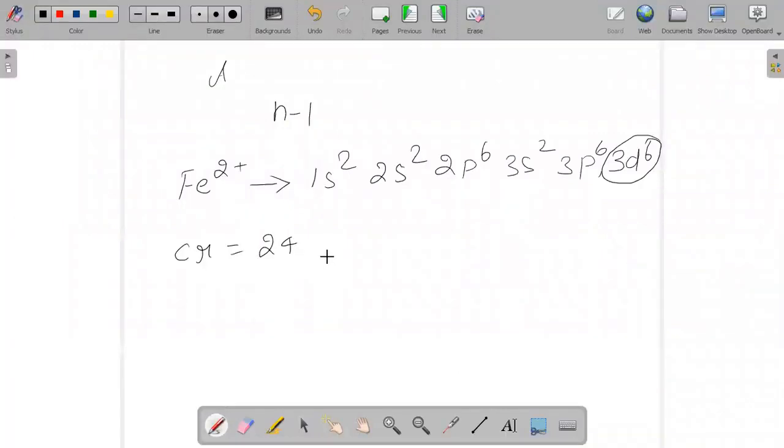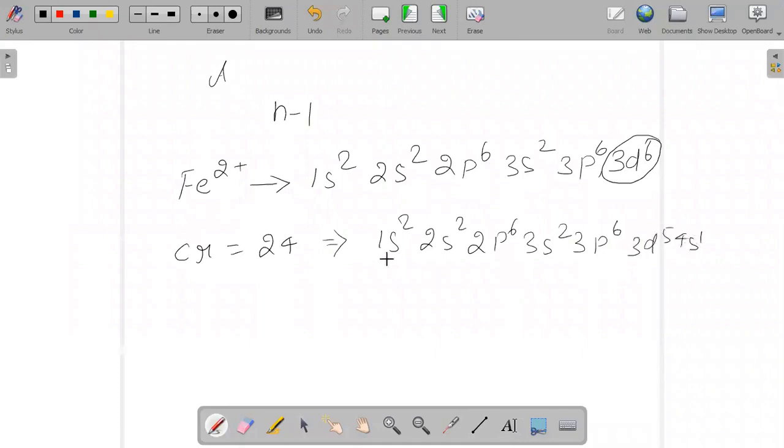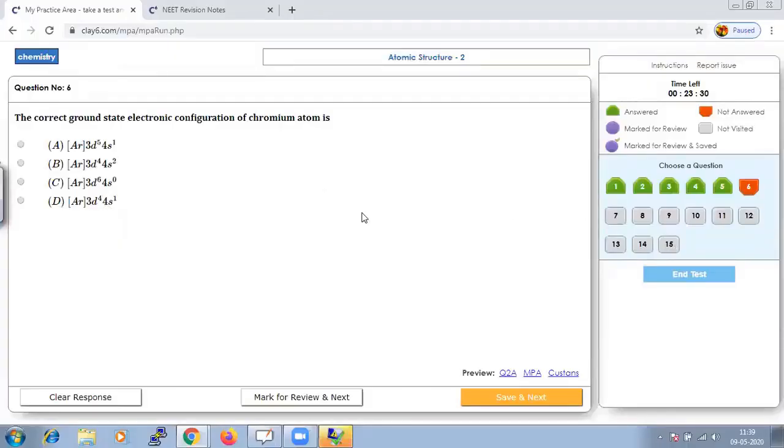And if you do an electronic configuration for this, it should be 1s2, 2s2, 2p6, 3s2, 3p6, 3d5, 4s1. As you know, this portion takes up the electronic configuration of argon. Let us check 3d5, 4s1, where it is. We have it in our option 1. So option 1 should be the right answer.